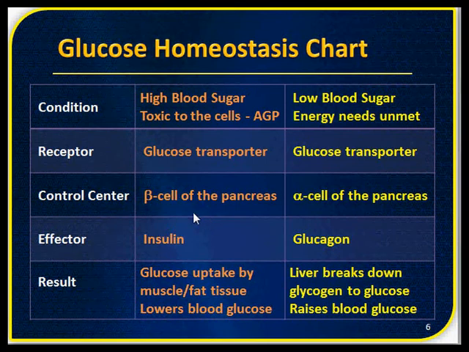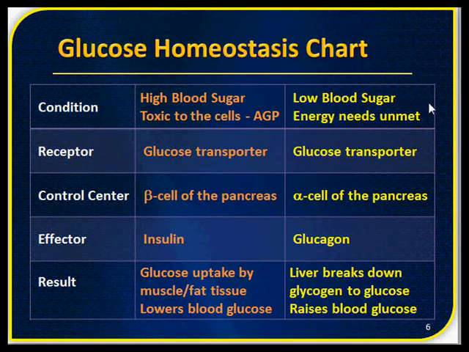This is what happens in diabetes: this effector hormone is not functioning properly, either it is deficient or it is not effective. That is insulin resistance, so glucose uptake is reduced, blood glucose remains higher and AGEs produce toxicity to the cells. But normally in a non-diabetic person, the insulin takes care of it and prevents surges in the blood glucose.